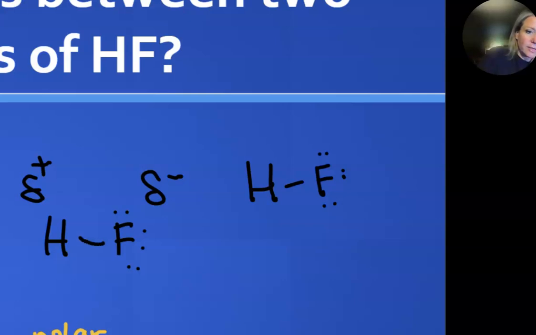And there's my bond. Okay, and so my hydrogen is going to be attracted to one of the unshared electron pairs on the adjacent atom. So this is going to be a hydrogen bond.